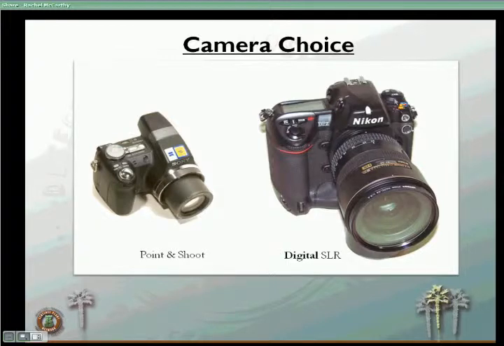Point and shoot cameras are usually lightweight. They don't have interchangeable lenses, whereas the digital SLR cameras are usually parts of huge systems of cameras with interchangeable lenses and flashes and all sorts of other attachments. So your first decision is what kind of camera to get.